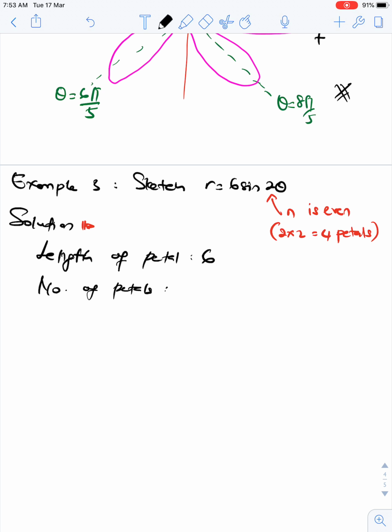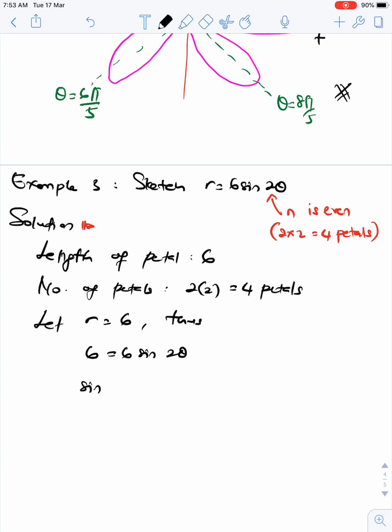Since n is an even number, 2 times 2 we get 4 petals, because when n is even, the number of petals should be twice. So again, the same step, we let r equal the length of petals, so r equals 6. Thus, 6 equals 6 sine 2 theta. We have sine 2 theta equals 1.